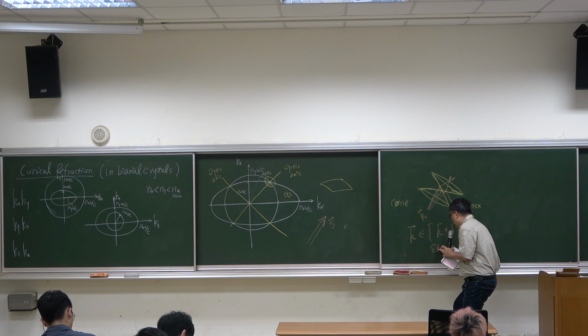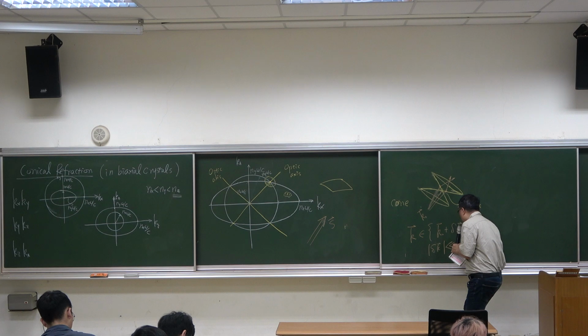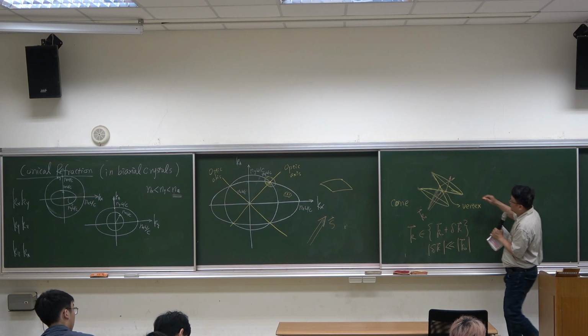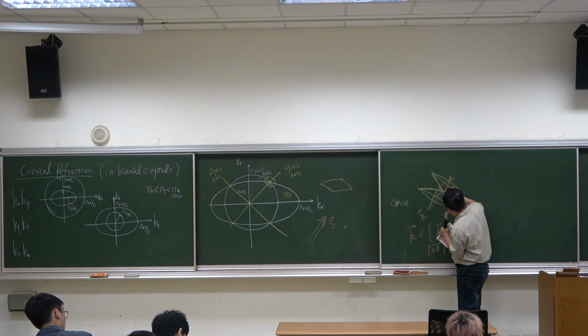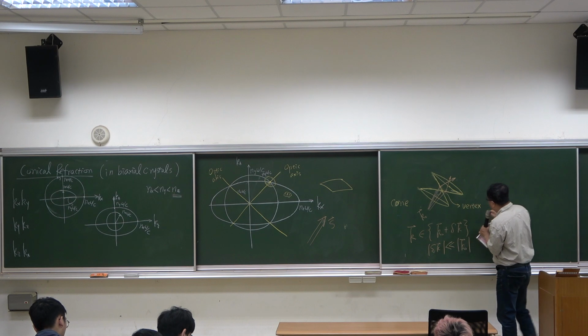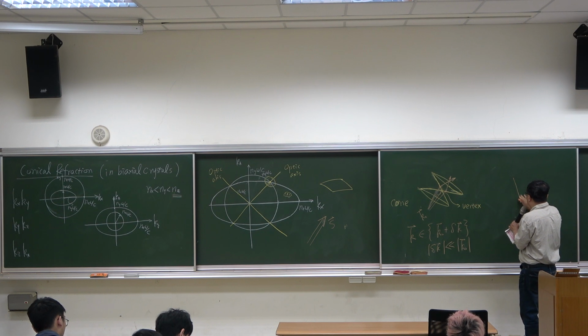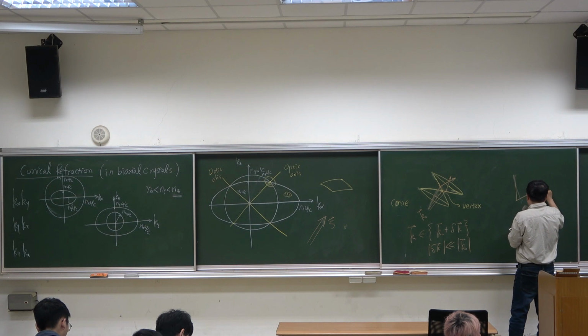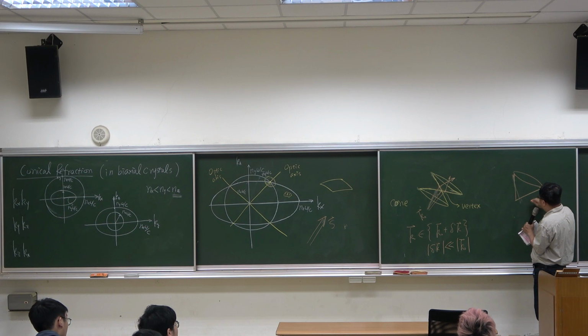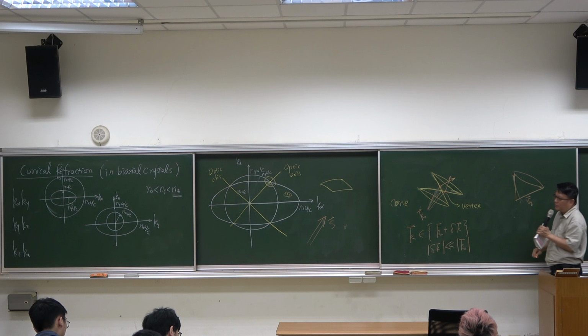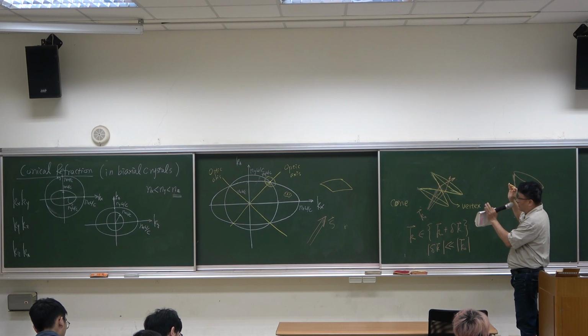And the delta k is much smaller than k0. So we may encounter k located here, k located here, and for this k we have group velocity along this direction. For this k we have group velocity along this direction. So finally, if we collect all possible group velocity, we also get a cone. Okay, this cone corresponds to all possible group velocity.